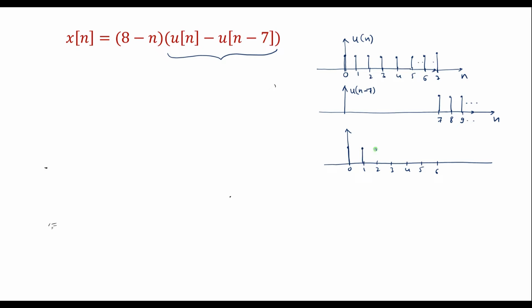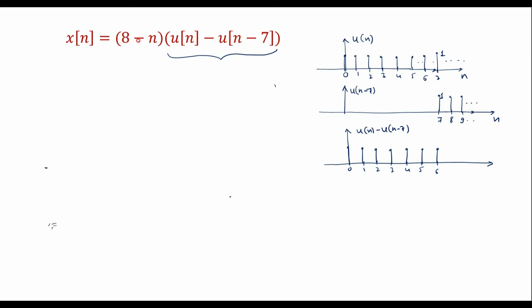So 0 to 6 samples will appear as they are. At 7, the magnitude is 1 here and 1 here, so these two will get cancelled. From 7 onwards, all the signal will get cancelled, and we get only this signal. So this is u of n minus u of n minus 7.